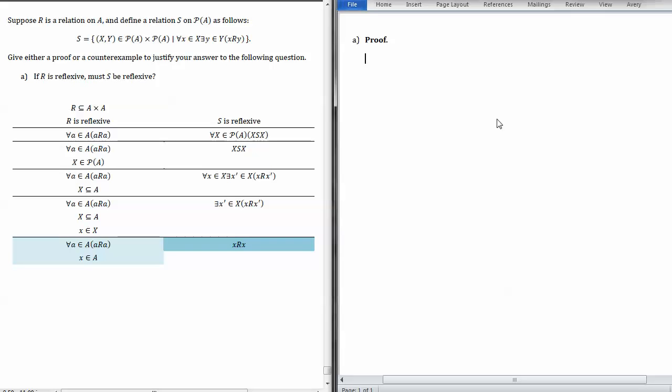Well then, let's try and type out the proof here. So remember, we originally had a conditional that we were trying to prove, and I started out by taking the antecedent over as a given. So we should say, suppose R is reflexive. We show that S is reflexive.